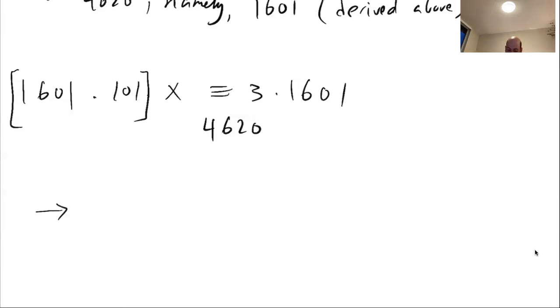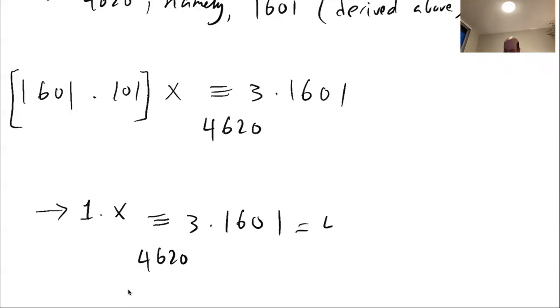So that means 1 times X, congruent 3 times 1601. So that was the point, right? To get 1 times X, which gives us X, and we want to find X. Now 3 times 1601 is 4803.